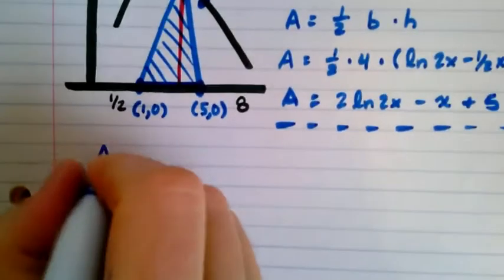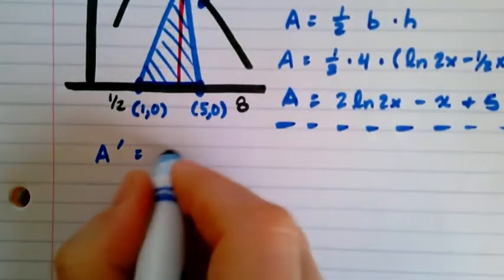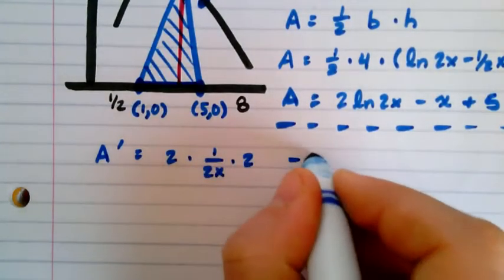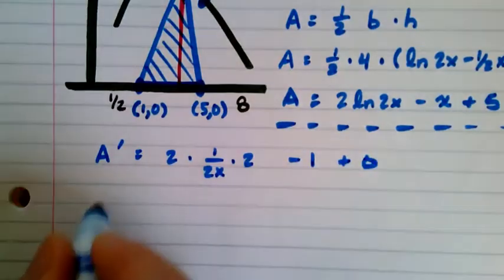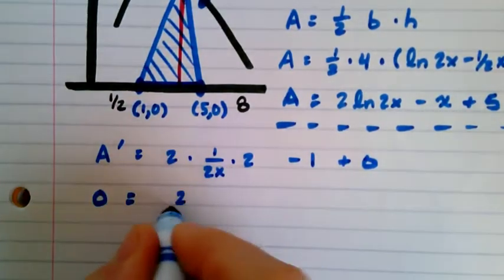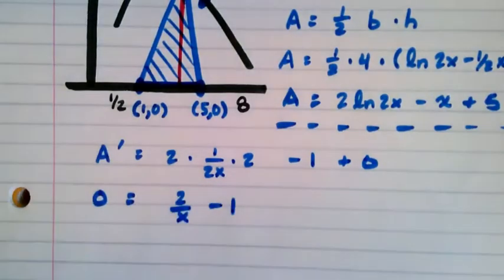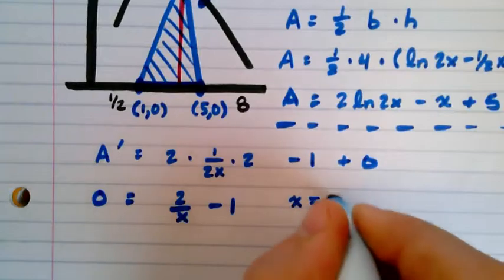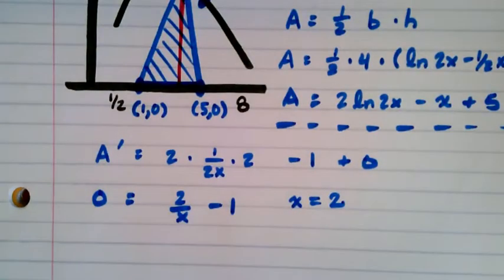Stage 2, take the derivative. The derivative would be 2 times 1 over 2x times 2 minus 1 plus 0. So the derivative, those are going to cancel, is 2 over x minus 1. We want to know when that would be 0. That would be 0 when x is equal to 2.